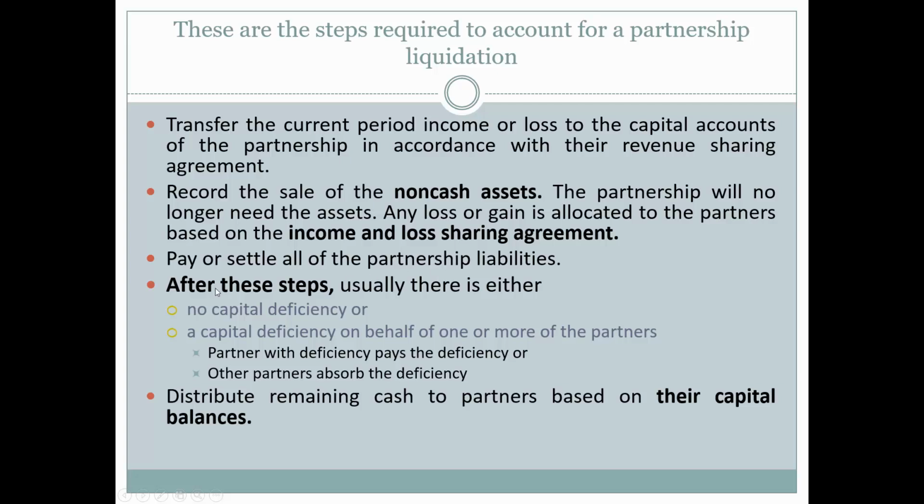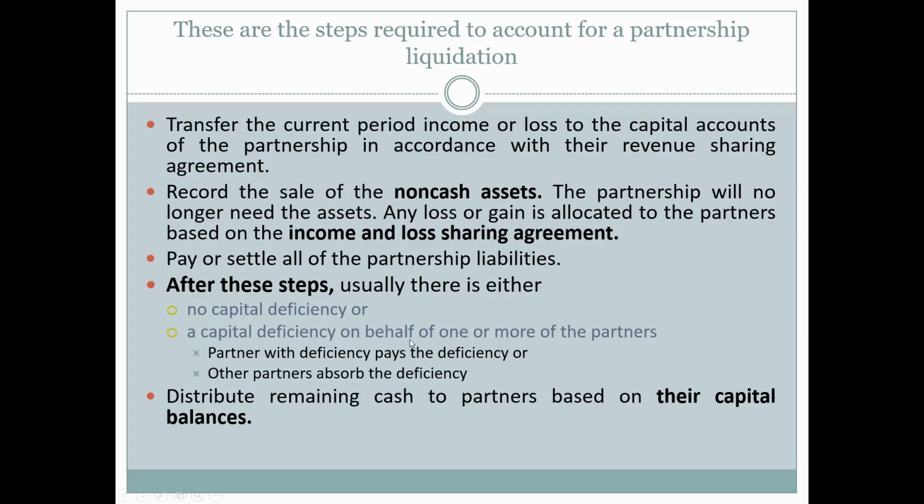liabilities. After these steps, usually there is either no capital deficiency, meaning that each one of the partners has a credit balance in their partnership capital balances, or there is a capital deficiency, meaning that one or more of the partners has a debit balance in his capital account.